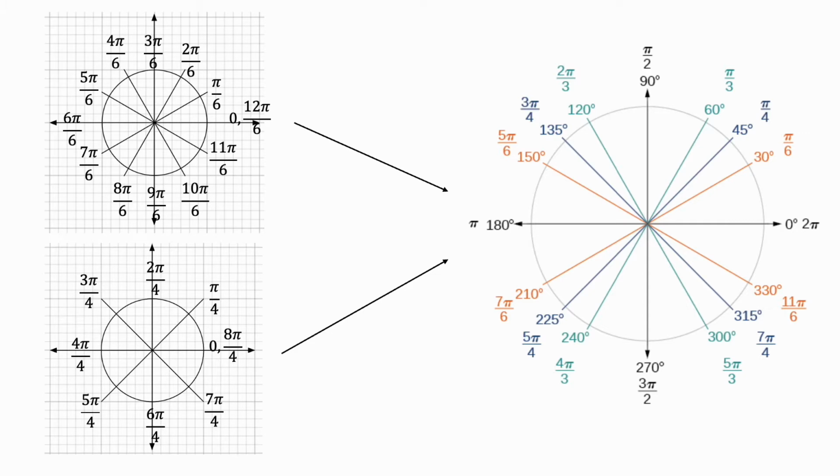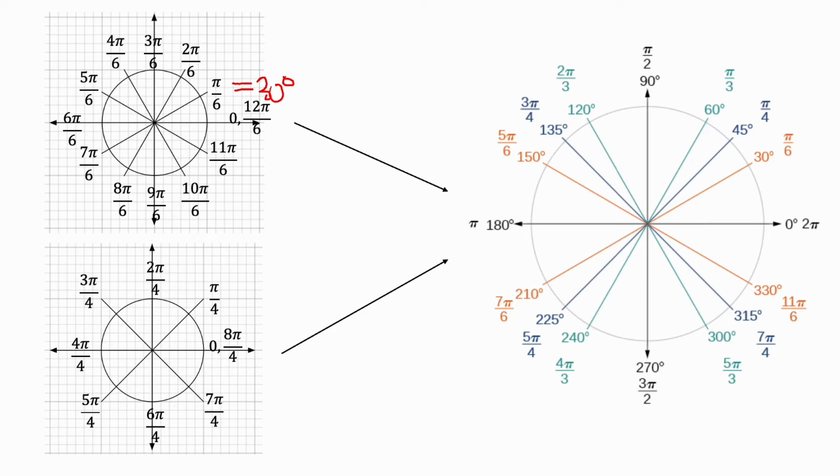One where you're measuring in 30 degrees, right? Pi over 6 is 30 degrees. So you go 30, 60, 90, 120, 150, 180, 210, 240, 270, 300, 330, and then 360, marching it all the way around like that.